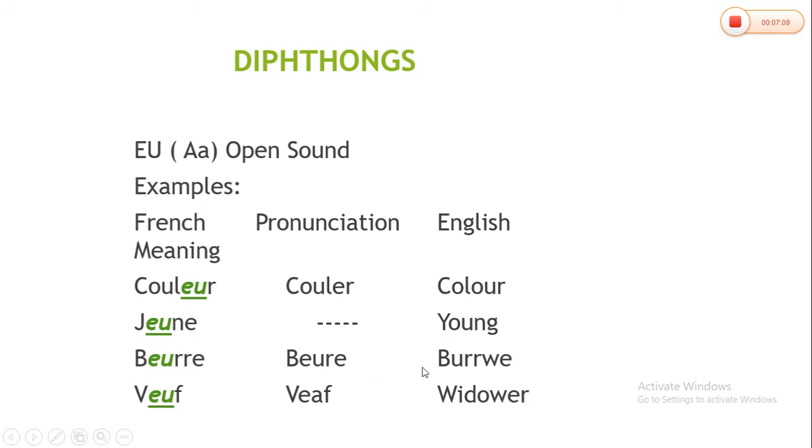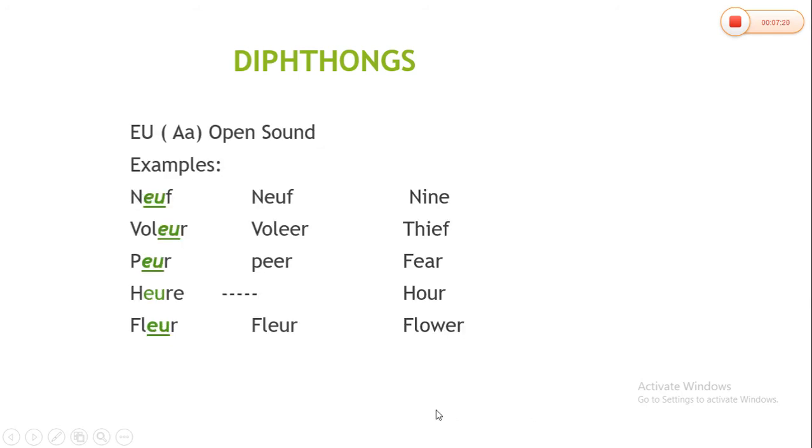Verbe, verb. Veuf, widower. Neuf, nine. Voleur, thief. Peur, fear. Now remember, in French, H is always silent. So instead of saying her, which is a wrong pronunciation, we will say because H is silent. Fleur, flower.